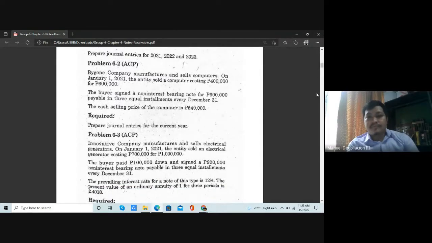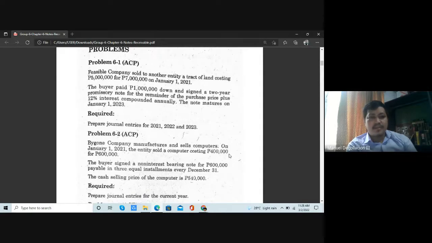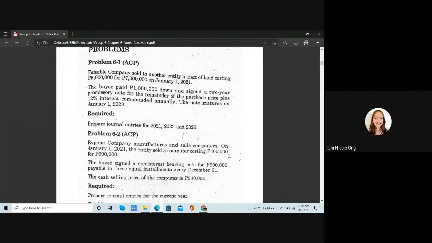So, at a quick glance, Ms. 29, how is problem 6-2 different from problem 6-1? What's the biggest or the primary difference? The difference, sir, from 6-1 to 6-2 is that 6-2 is a non-interest bearing problem.